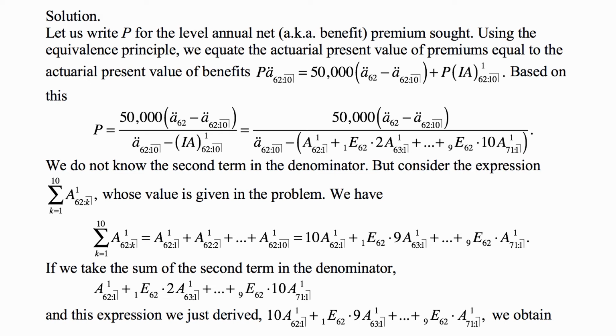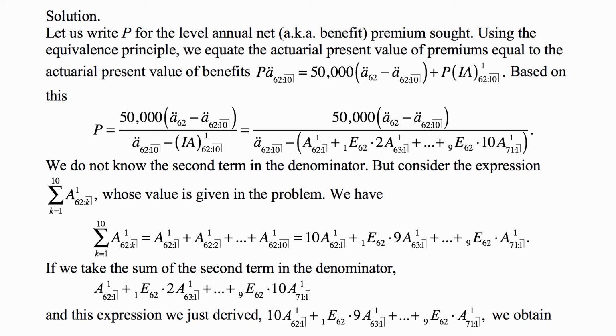And if you separate the insurance in the first year, the insurance in the second year, and so on from all these terms separately, then it's 10 A 62 colon angle 1 with a 1 above 62. So cost of term insurance of 10 in the first year, then deferred by 1 year, term insurance of 9 in the second year, and so on up to 1 in the final year, deferred by 9 years.